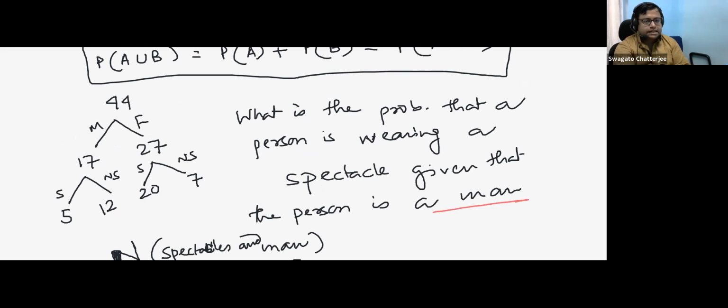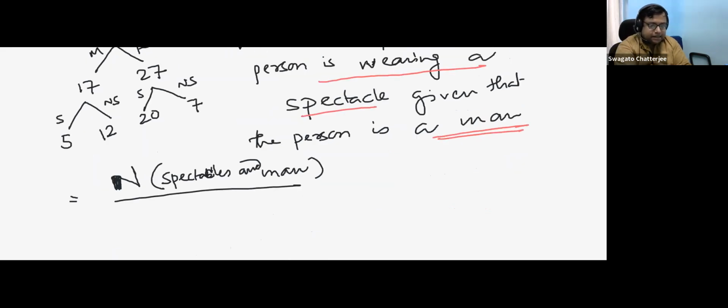So what is non-stochastic in this whole thing is his being a man. The person is a man. This is non-stochastic. It is fixed. What is stochastic is whether he is wearing a spectacle or not. Whether he is wearing a spectacle or not, that is probabilistic still. That is not fixed till now. So he is a man, that is fixed. That's why the total number of persons that comes up here is the number of men.